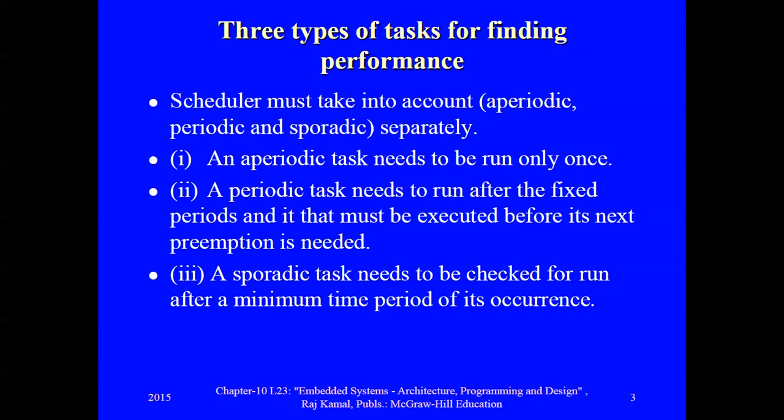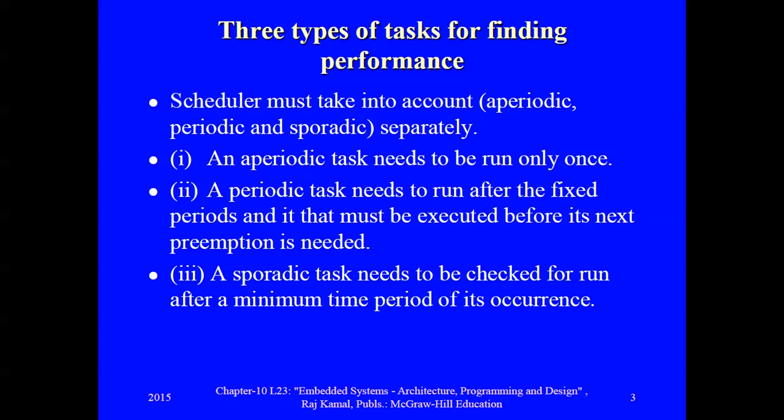The scheduler must take into account three types of performance tasks: aperiodic, periodic, and sporadic. An aperiodic task needs to run only once, and a periodic task needs to run after a fixed period, and it must be executed before its next preemption is needed. It is similar to round robin scheduling.